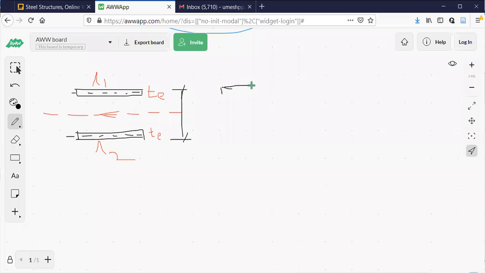Now, in another case, if I increase the size of the top rectangle, from your knowledge of centroid, tell me what will happen. Where is the centroid of these two going to lie? Since these two rectangles were of the same dimension, it was exactly at the center.